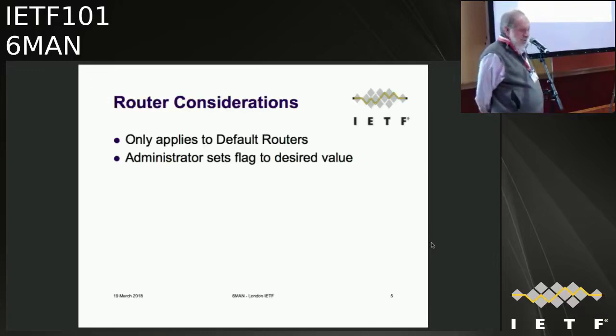And the notion is that the administrator sets this flag. It's not something that the router decides on its own. So if the organization running the network wants to run v6 only, they can use this as a tool for telling the dual stack host to not attempt to use v4.